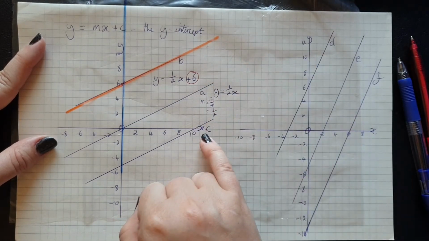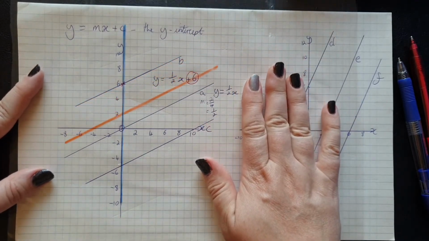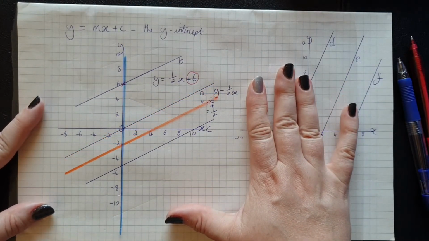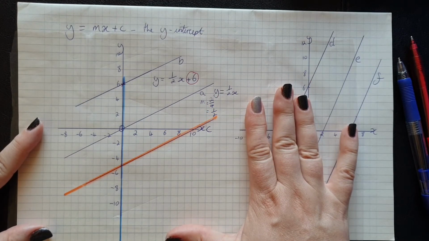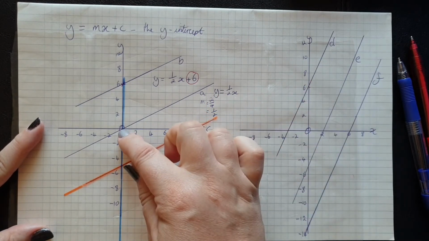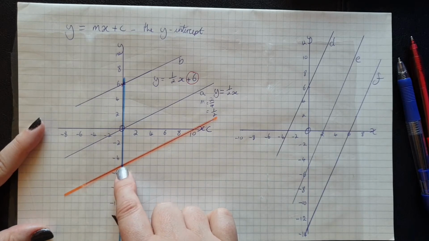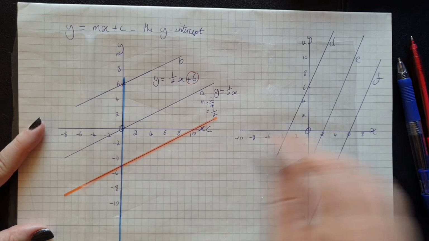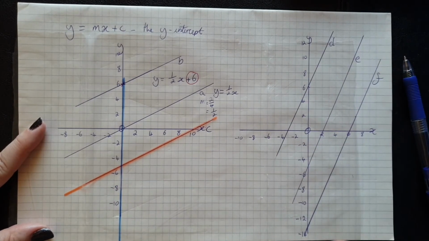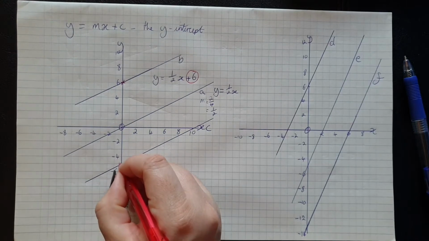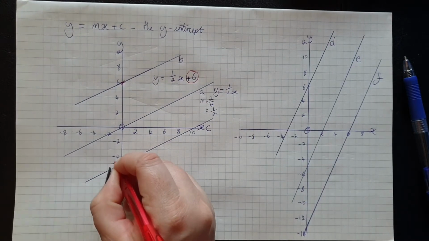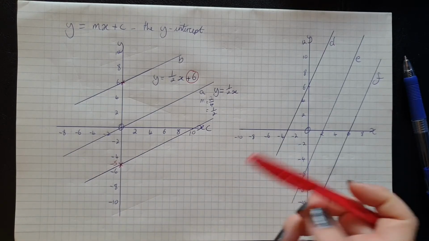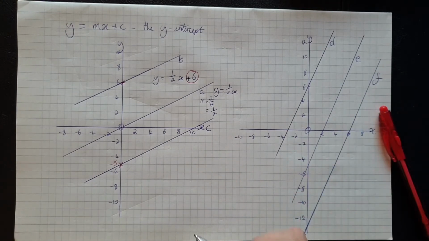Counter to that, if we look at graph C, I've drawn down here. How far down have I gone? Well, I've gone down 5 places. Although I haven't got the number on the graph, we can use our knowledge of how graphs work. We know that point there is where they cross, and that point there is -5. If you printed out your graphs, you can jot them down, and if you're drawing them by hand, that's fine as well.